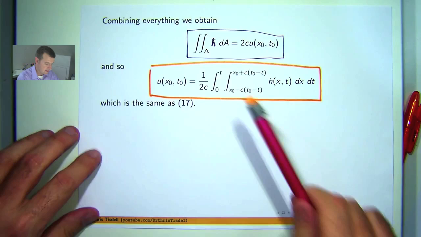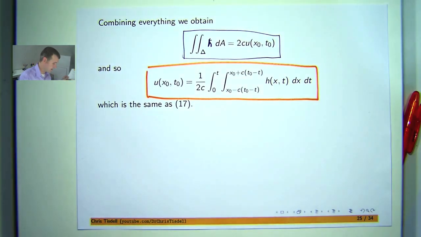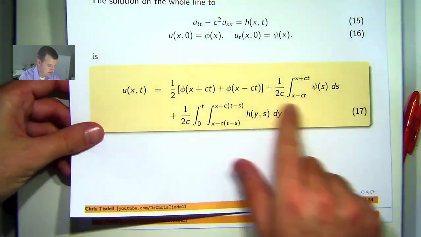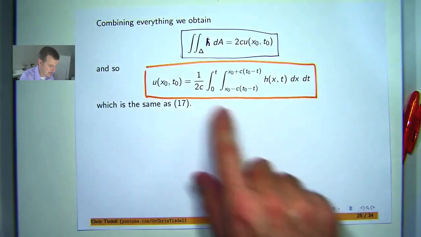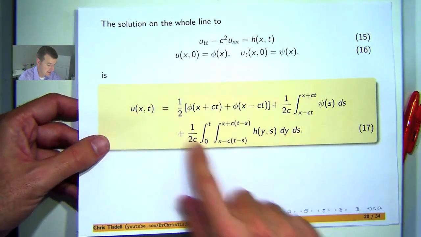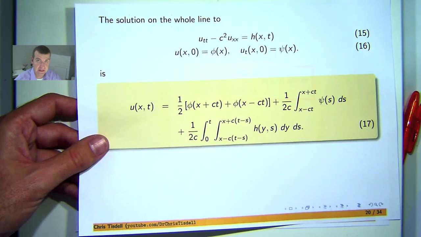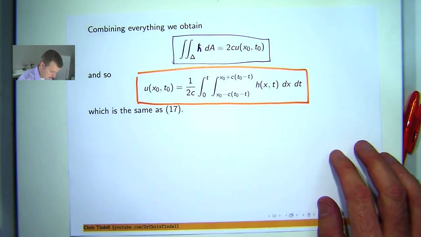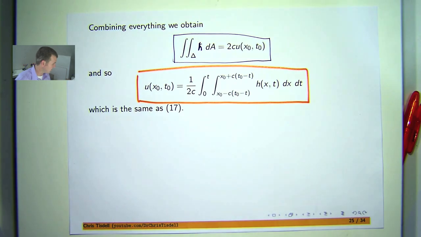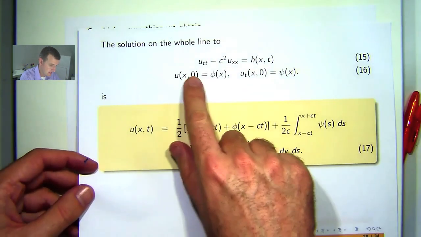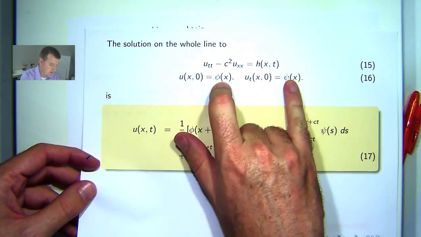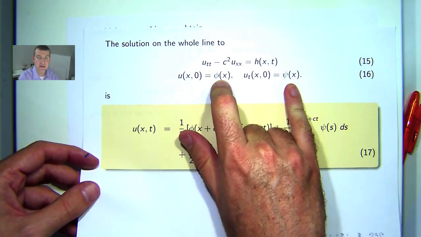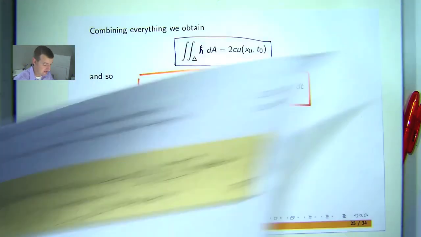Now this is just the same as this expression here. Here I've got an x naught and a t naught, etc., but it's the same expression. So that is how you derive the solution to this problem when phi and psi are both identically equal to 0. And it relies on Green's theorem.